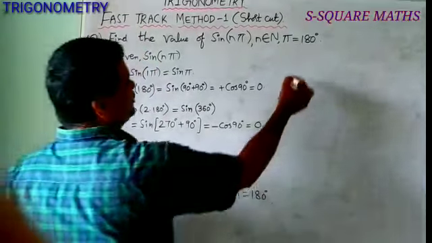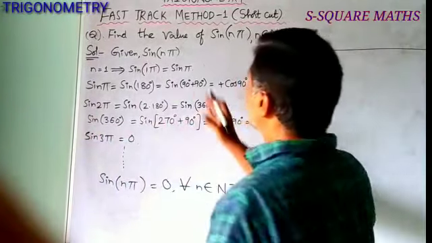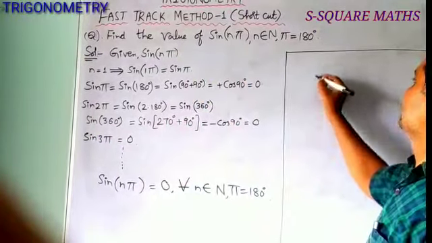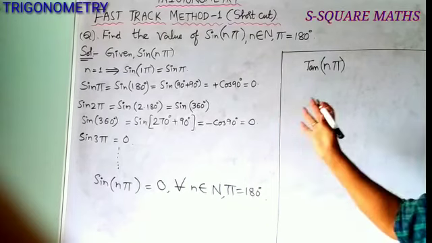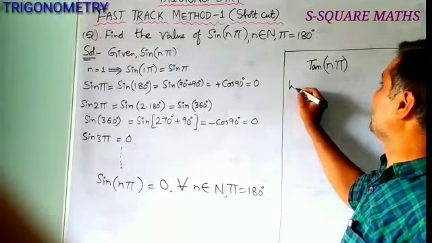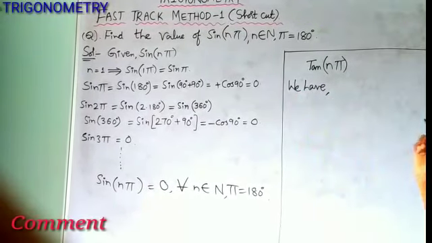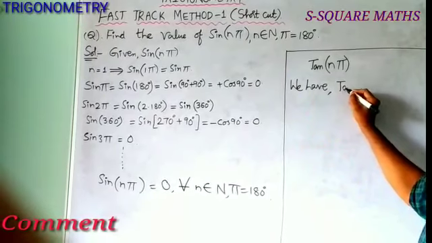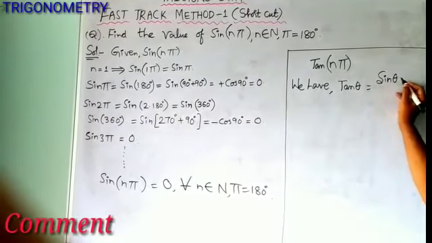Next, let us apply the same question to tan n pi. Here n is any natural number and pi is 180 degrees. As we know, by the quotient formula, tan theta is equal to sin theta by cos theta.